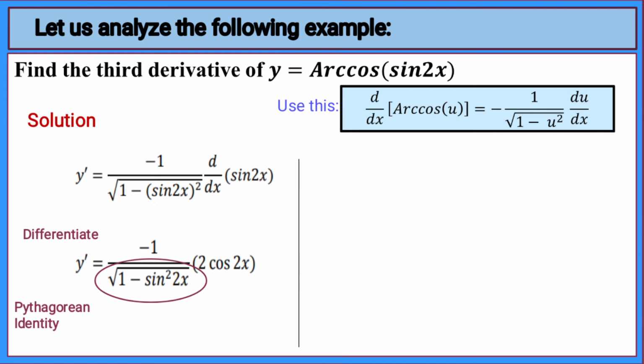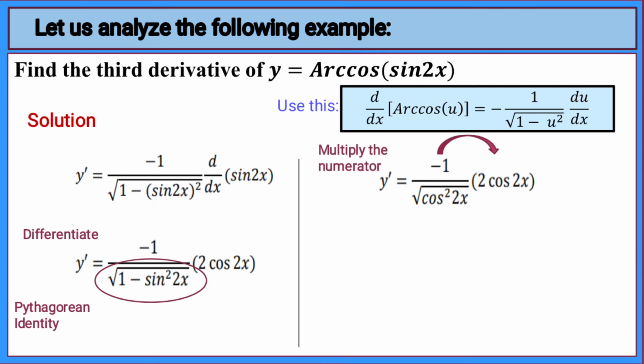So 1 minus sine squared 2x here will become cosine squared 2x, through the use of Pythagorean identity. So we have y prime is equals to negative 1 over square root of cosine squared 2x times 2 cosine 2x.